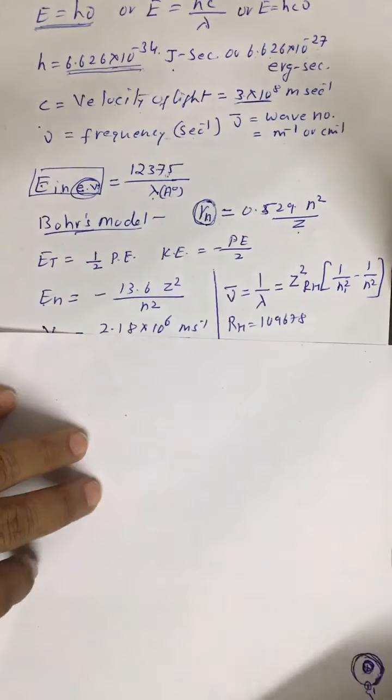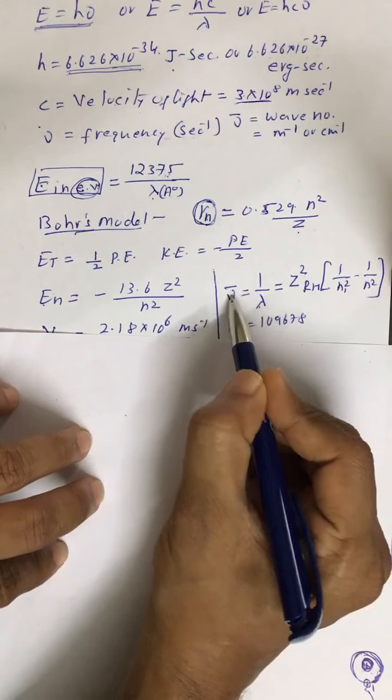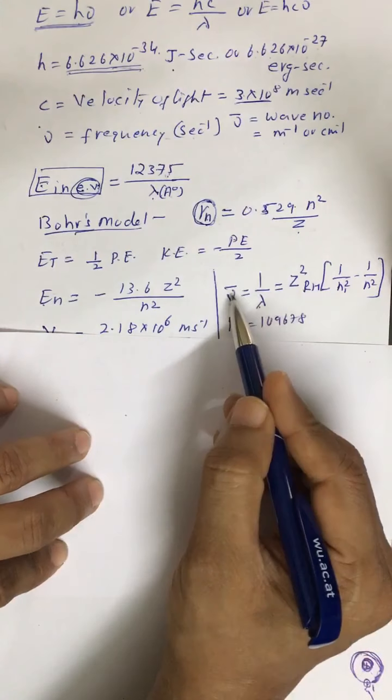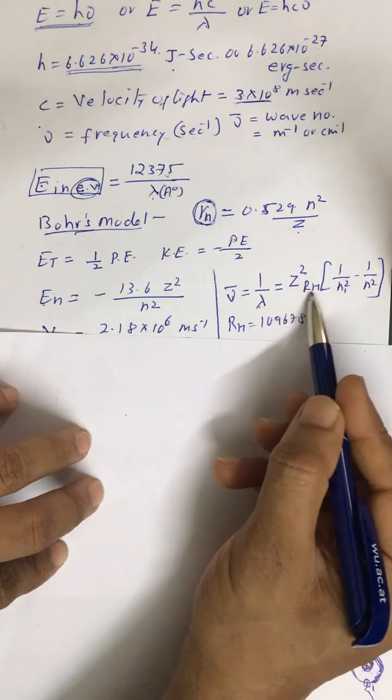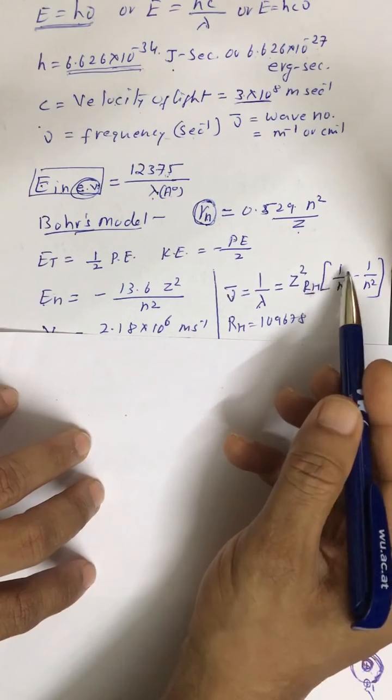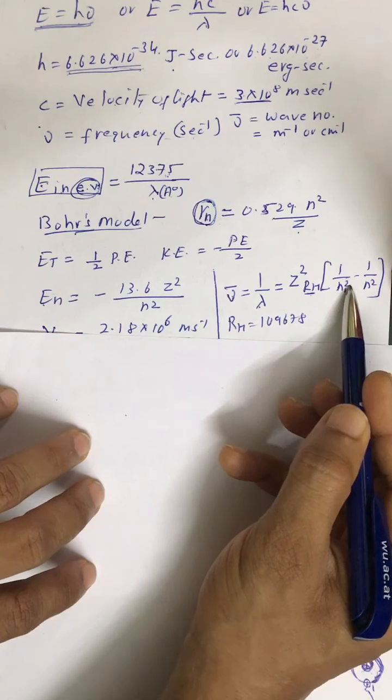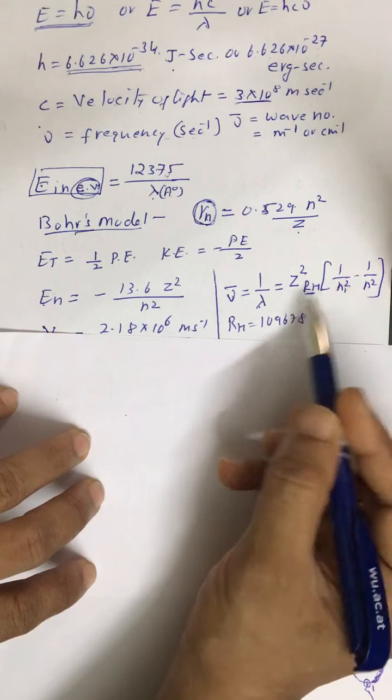Then we have this relation, that is 1 by lambda is nu bar, we already discussed. So nu bar is equal to Z square RH, that is Rydberg constant, into 1 upon n1 the square minus 1 upon n2 the square.